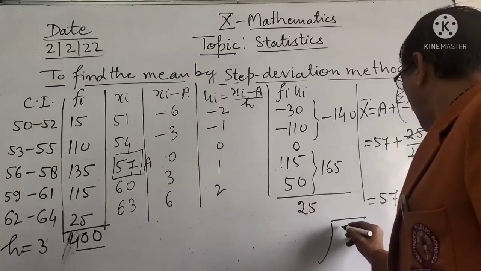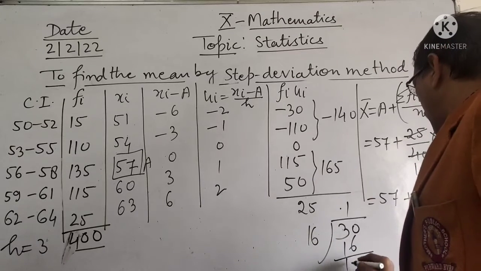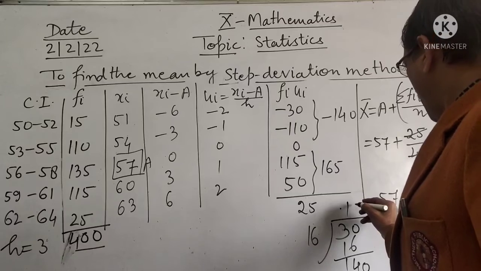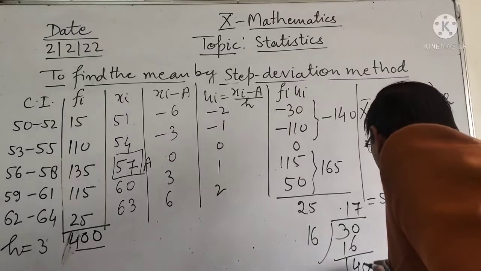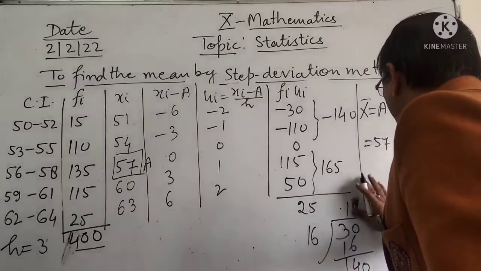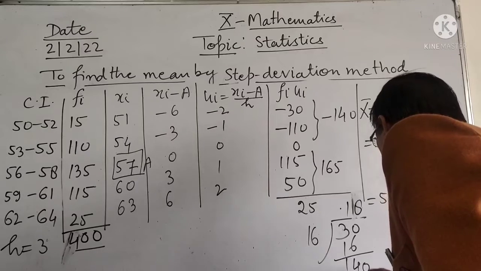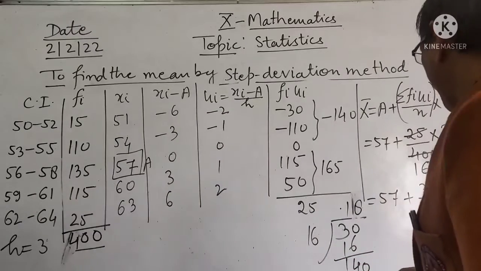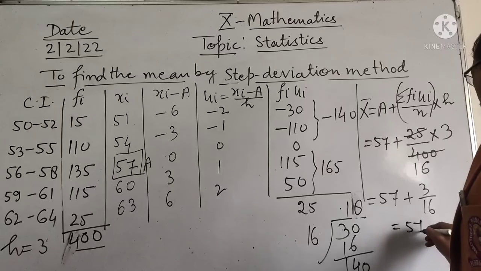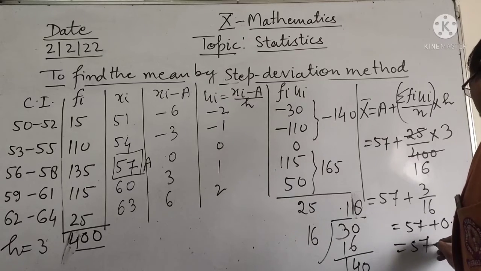3 upon 16 is 0.18. So it is 57 plus 0.18, and the mean is 57.18.